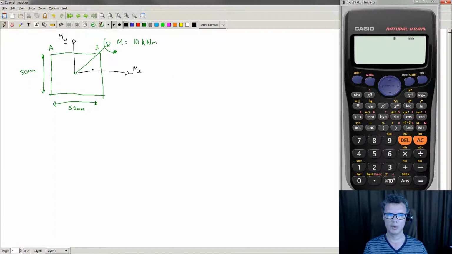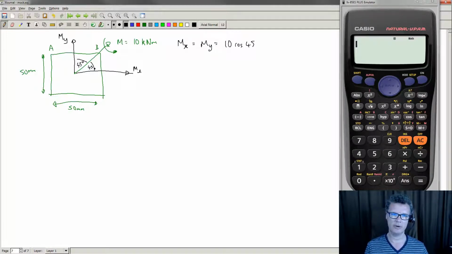Both of them are moving around by 45 degrees. So Mx equals My equals 10 times cos 45.